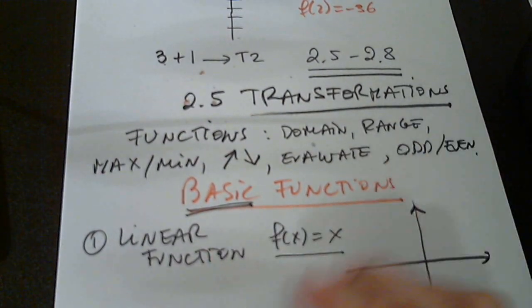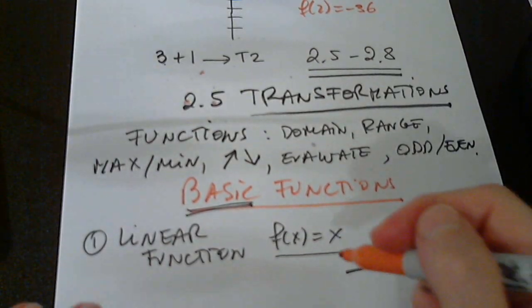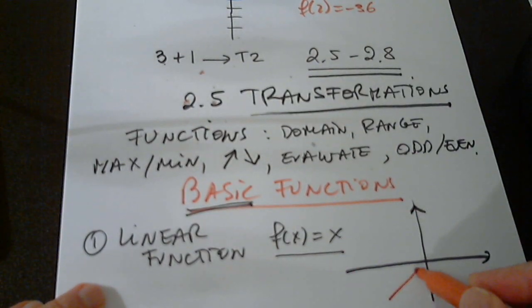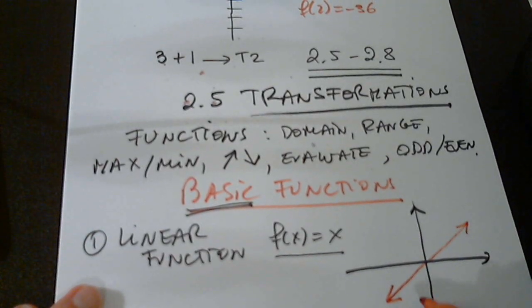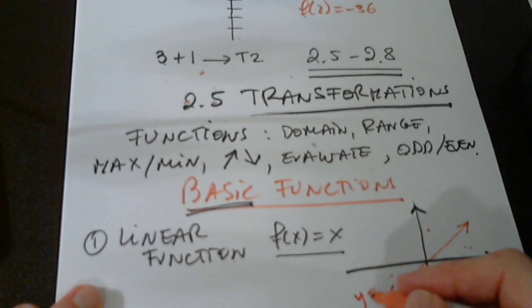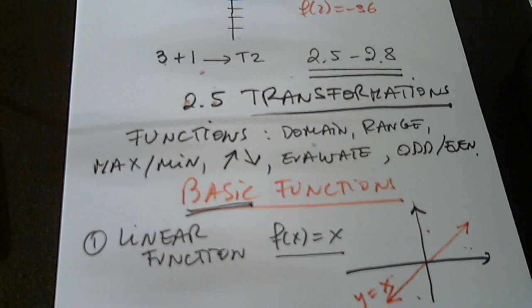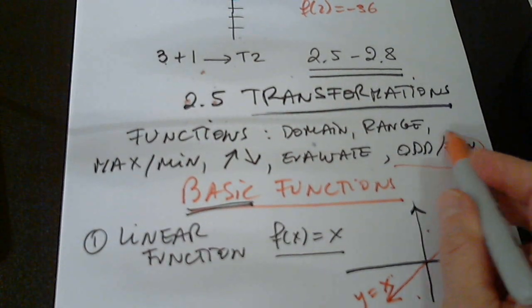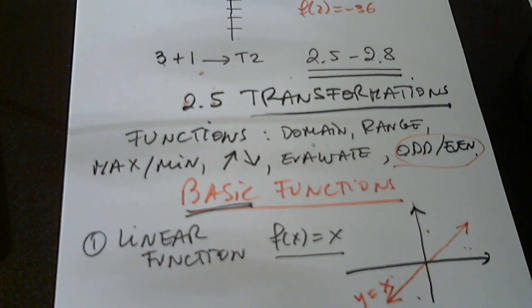Okay, so now I need to graph this function. Please remember, this is it. It's the line that bisects the first and the third quadrants. So this is y equals x. Is this function odd, even, or none of the above?